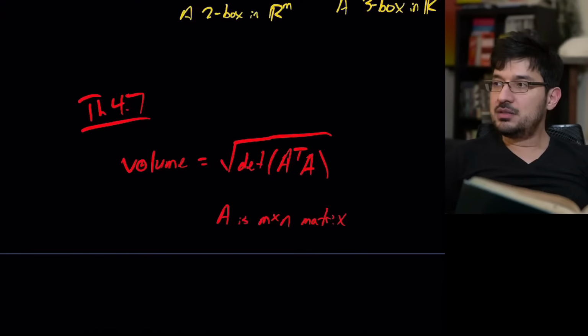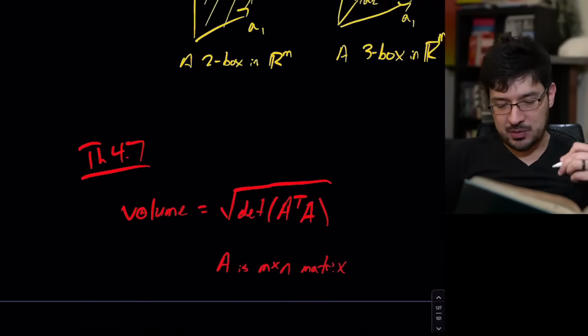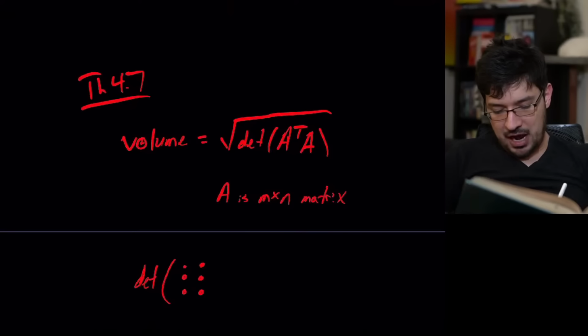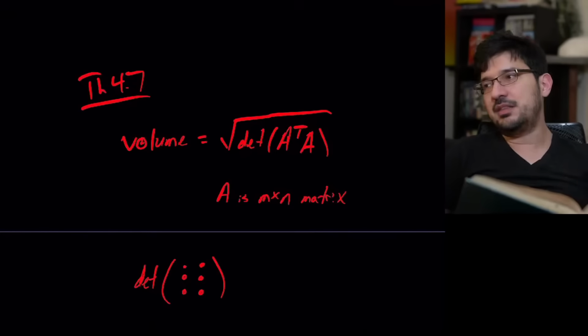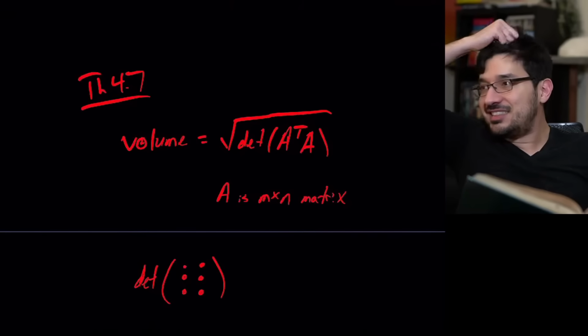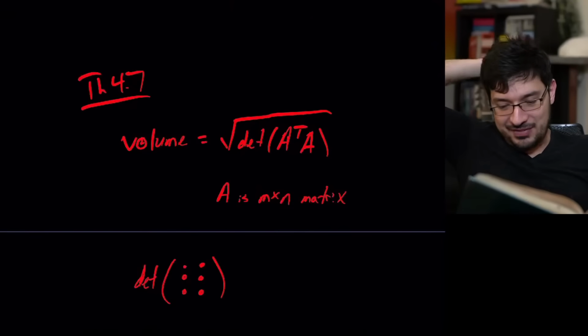So, dude, this is it right here. I was trying to figure out how I get a determinant of this non-square matrix. Yeah, I didn't know this either, dude. Isn't this super cool? I've never seen this before.